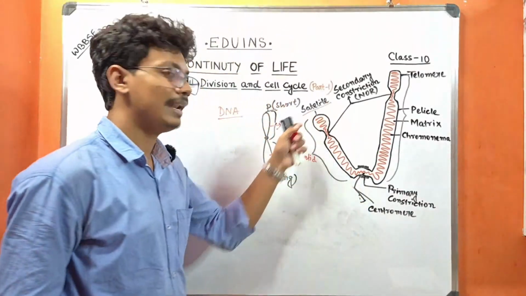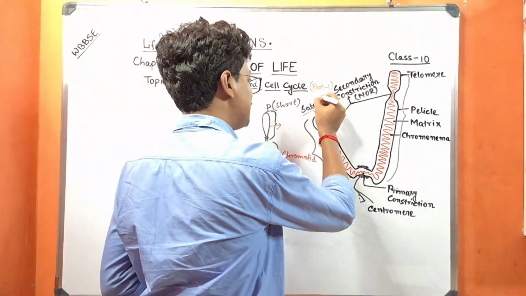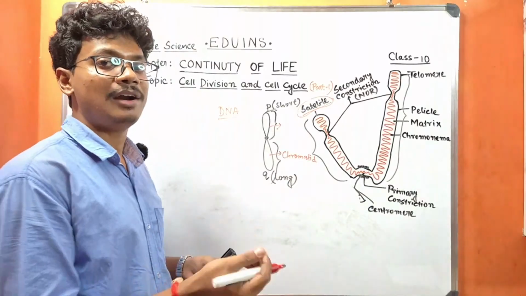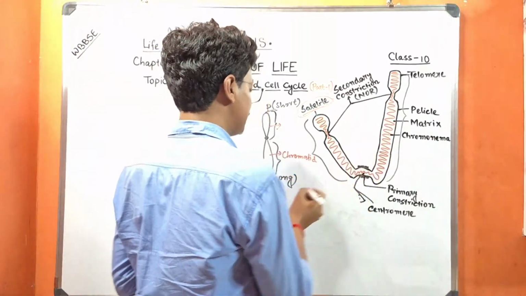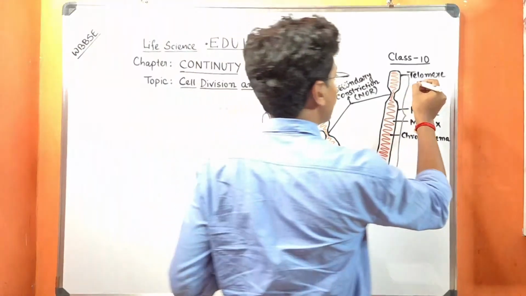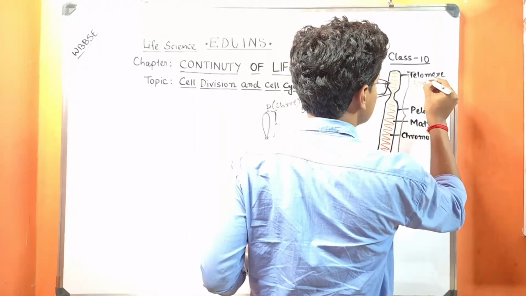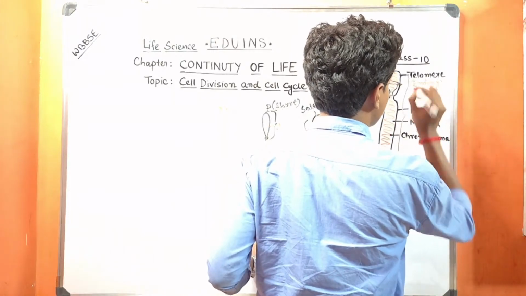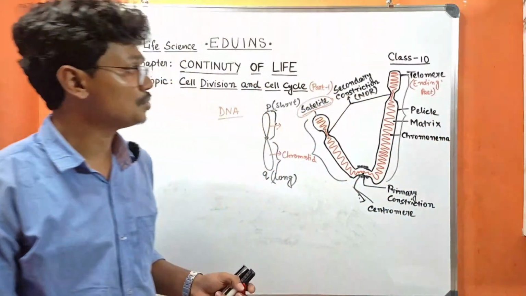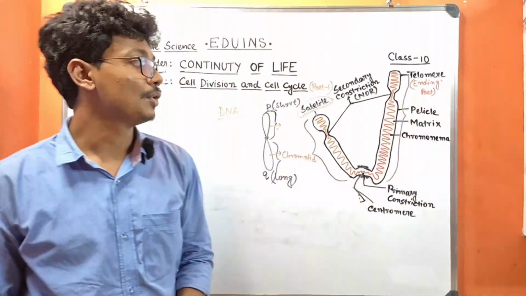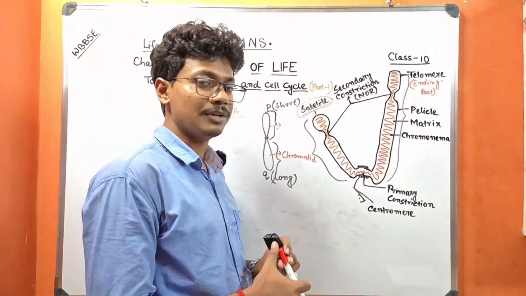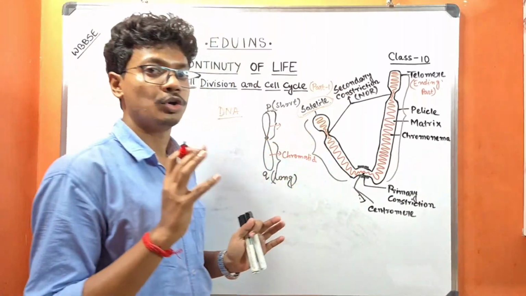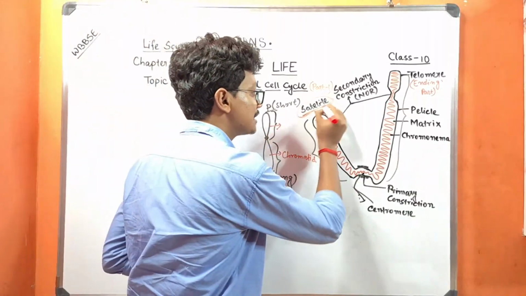This part is known as satellite, one end. So the satellite is the ending part, or the telomere part, of a chromosome. The ending part of a chromosome is known as telomere, and when this telomere is structured like a bulb or knob, this is known as satellite.